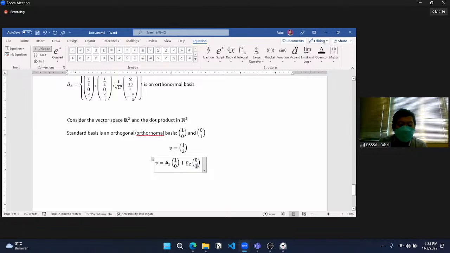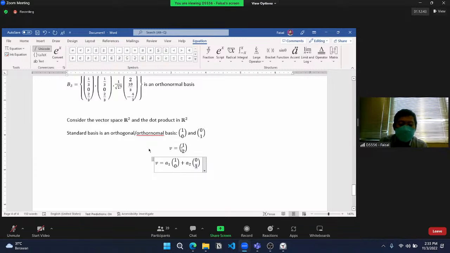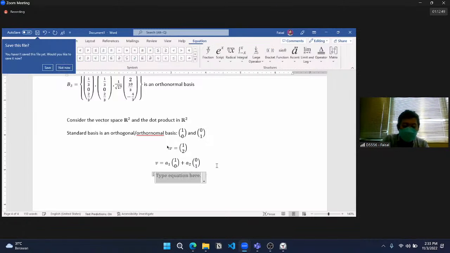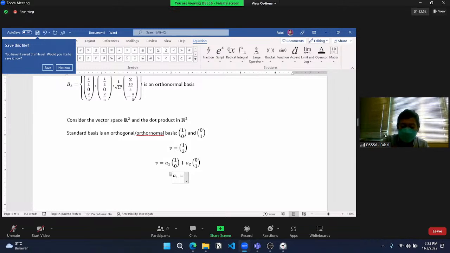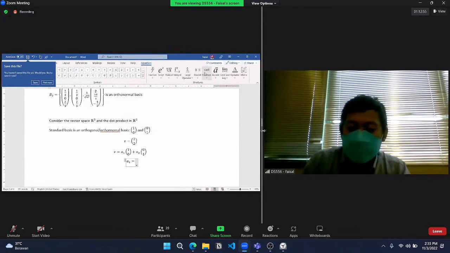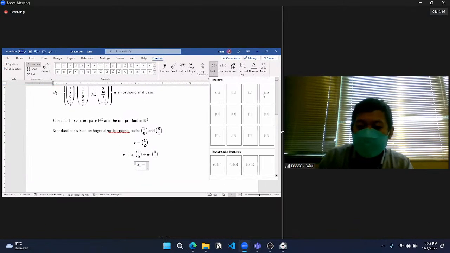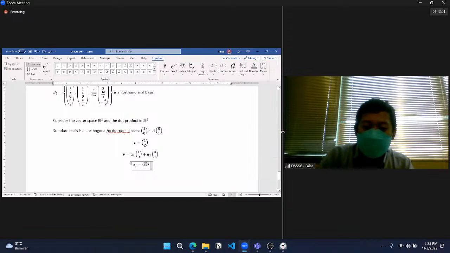Because (1, 0) and (0, 1) is an orthonormal basis, we can find A1 from the inner product, the dot product, between V and (1, 0).